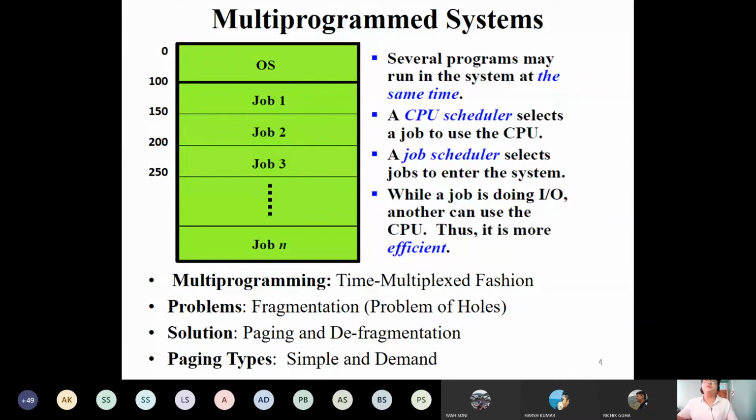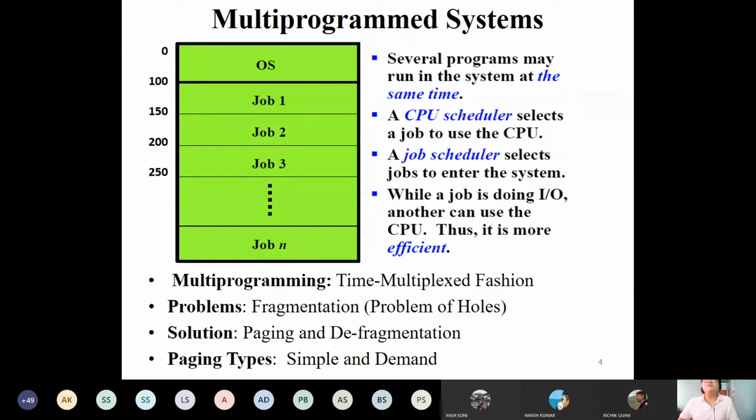The job pool is the pool of jobs in the secondary storage device. From the secondary storage device, it selects some jobs out of 100, say 5 jobs at a time, and initializes them in the 5 partitions of the OS. That is the main task of the job scheduler in multi-programmed OS.